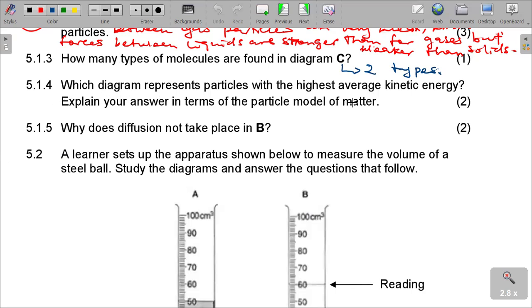Gas particles have the highest kinetic energy, it is A, because the space between gas particles is the largest.